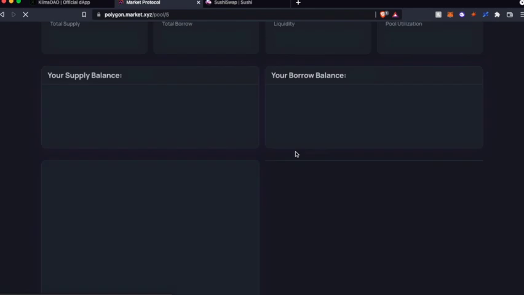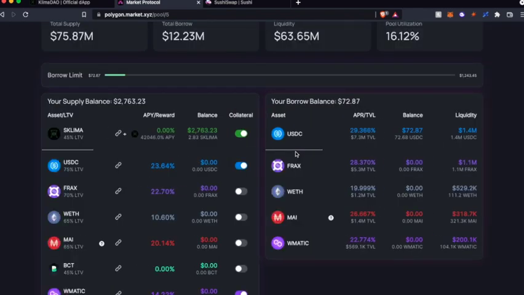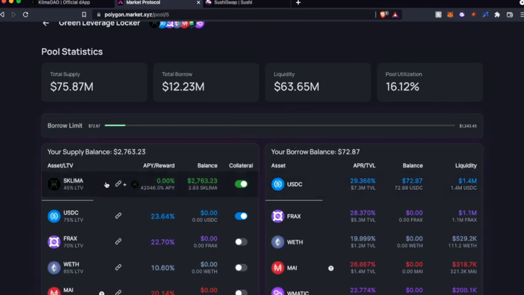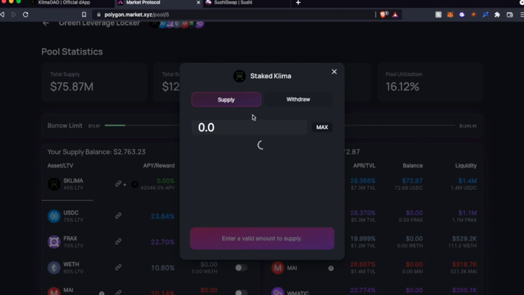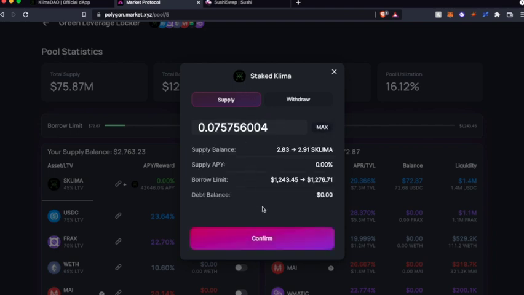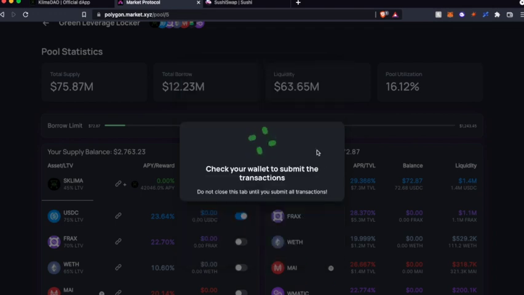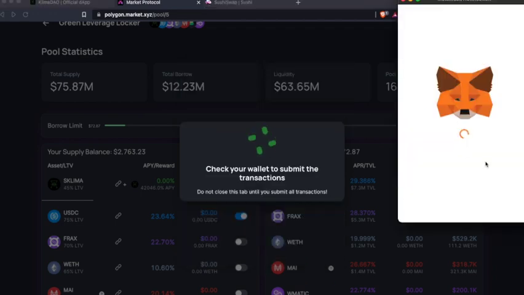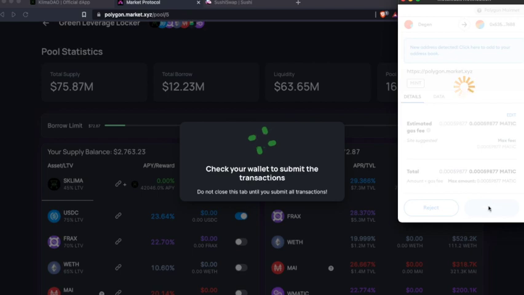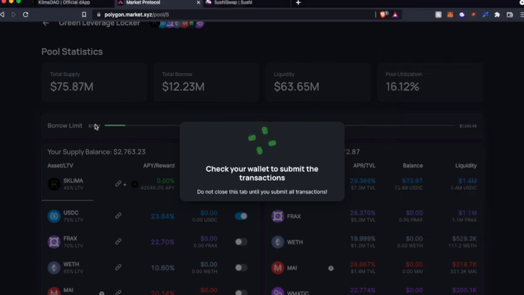Okay, so I go back to polygon.market.xyz. Let me refresh this page. Now I will go provide the collateral. Okay, so providing the collateral. My initial percentage of loan was, I think, 6% something.